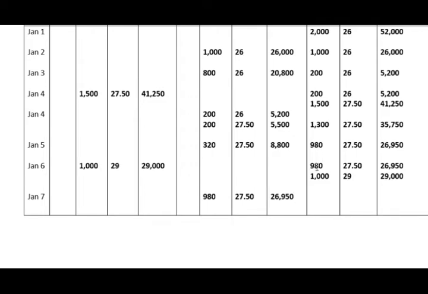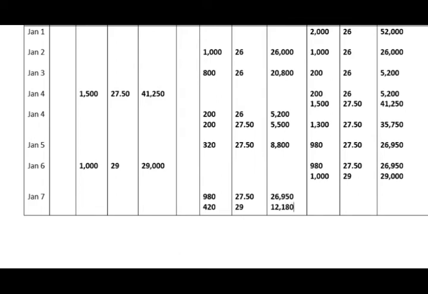And we have to issue 1,400, of which we already issued 980, and we need 420 more. We'll take that from the lot of 1,000. That is 420 at what rate? 29. It amounts to 12,180.